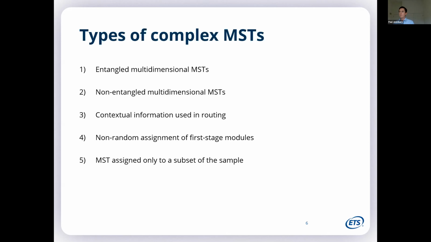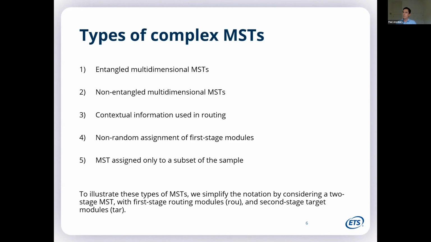I'll define them in the next couple of slides. The third type is when you use contextual information as part of the routing decisions. The fourth type is when you have non-random assignment of the first stage module. And the fifth type is when you have MST only provided to a subset as opposed to the total sample.